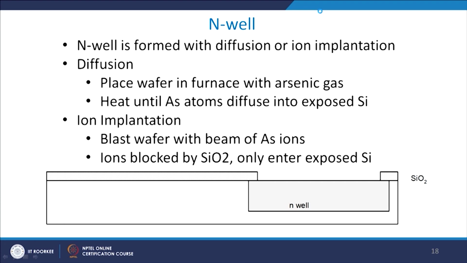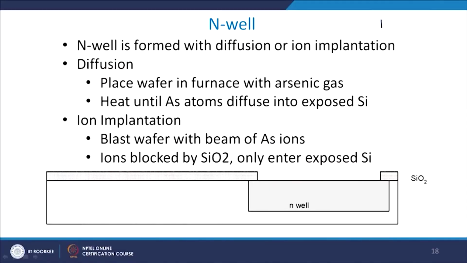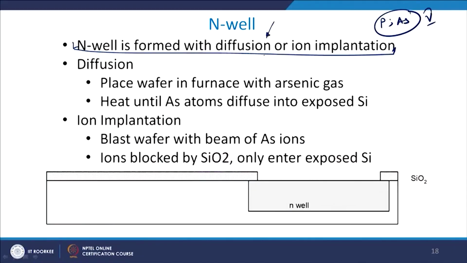Now, N-well basically means that you are doping with an N type dopant, which is basically either phosphorus or arsenic. This is a group 5 element which you are doping with, and this N-well is formed with diffusion or ion implantation. Typically, in most fabrication techniques we use diffusion. What we try to do is keep the phosphorus and arsenic in a chamber at elevated temperatures, and this material is kept at a relatively lower temperature.